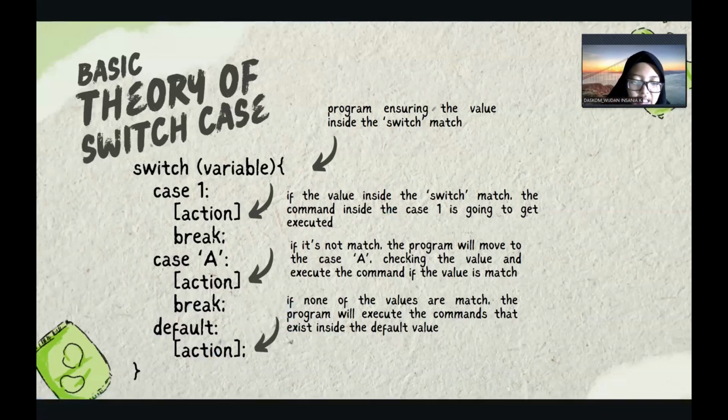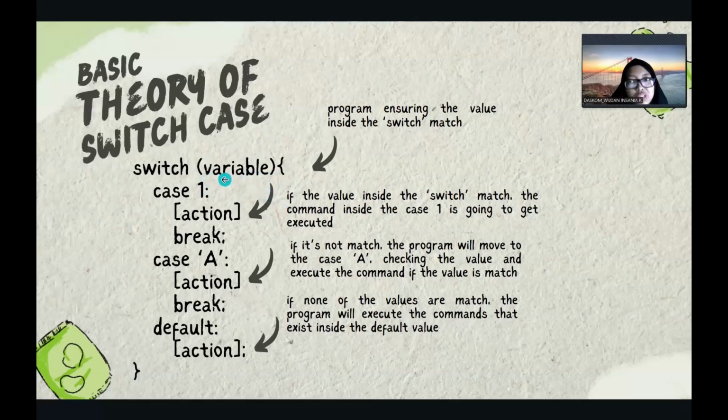For the third example, assume that we have a value that is neither 1 nor A. Let's take an example of 2. We have a value 2 inside an integer variable.